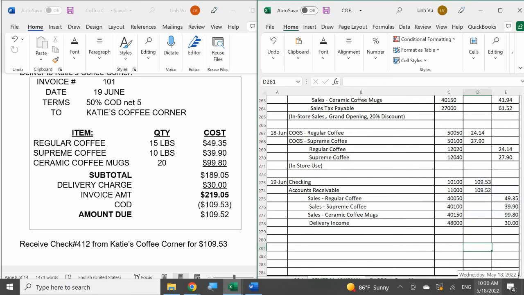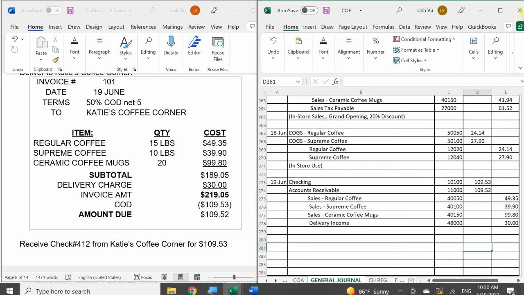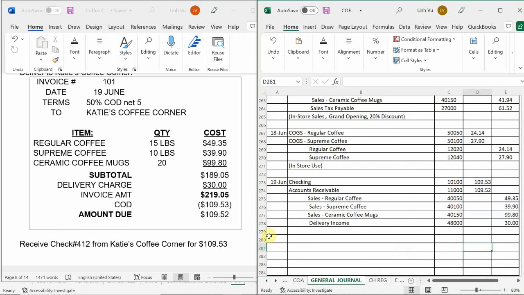Okay. We pretty much have all the information we need to fill in our description, right? Who did we sell to? Katie's Coffee Corner. Good. Did I issue her an invoice? Yes. Invoice number? 101. Did I give Katie terms? Yes.